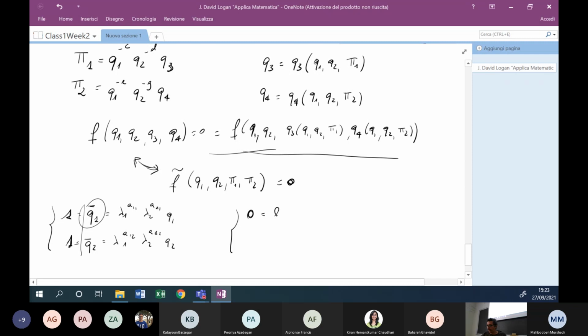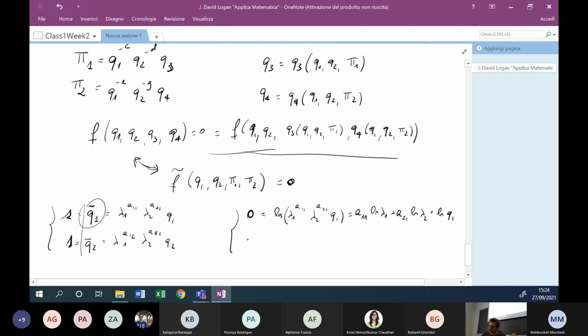On the right hand side, I will have the log of lambda 1 to the A11, lambda 2 to the A21, times Q1. The log of the product is equal to a sum. And the log of a power? Exactly. So this expression here is A11 log lambda 1 plus A21 log lambda 2 plus log Q1.